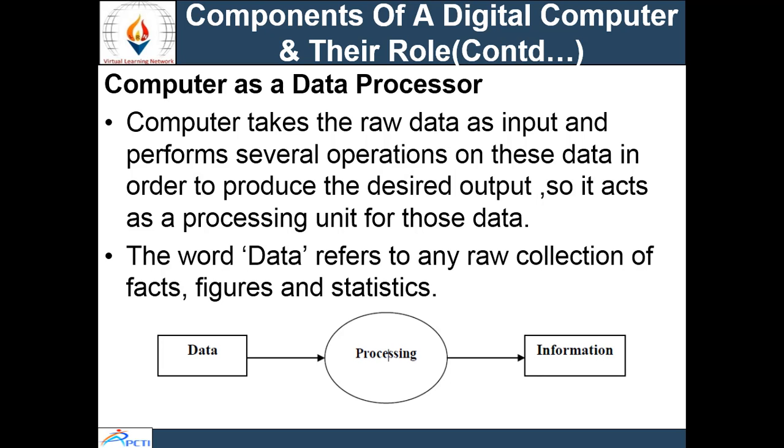Processing the data thus means manipulation of letters, numbers and symbols in a specific manner. The processing may include calculations, decision making, comparisons, classification, sorting, aligning and formatting, etc. The processing of data results in some meaningful values, often termed as information.